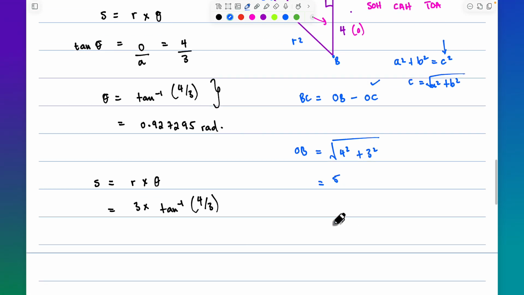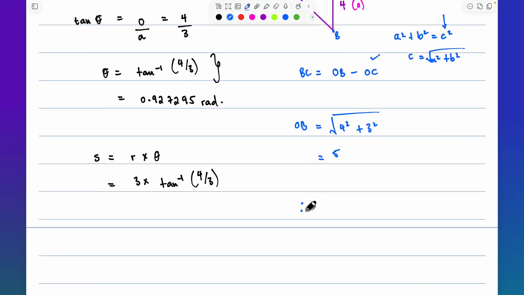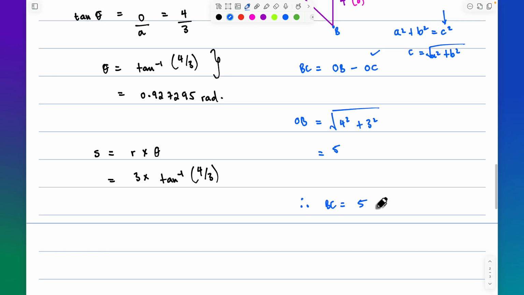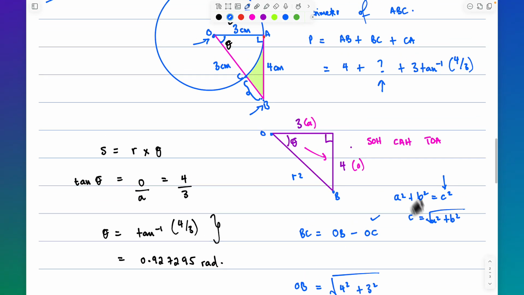So your value for OB is 5, which means BC is your 5, from this point all the way up until that point. But remember, we only want this little portion over here, right? So we need to remove this portion, which is your radius. So we need to remove that 3. So we subtract 3, which means the value BC is equal to 2.